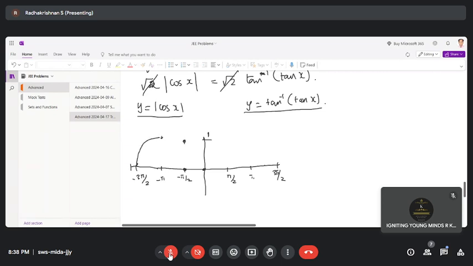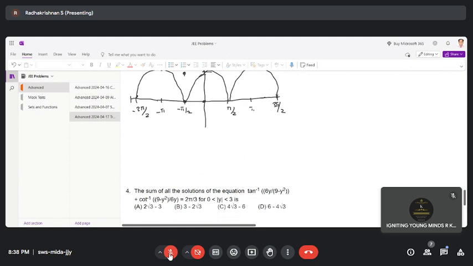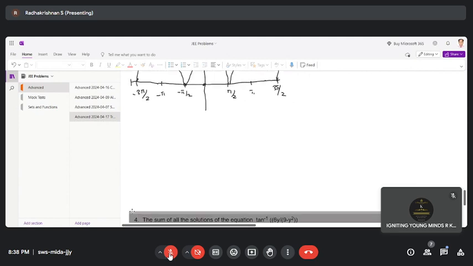So it is something like this. This is your y equal to mod cos x. Now in the same range, let's plot tan inverse of tan x.